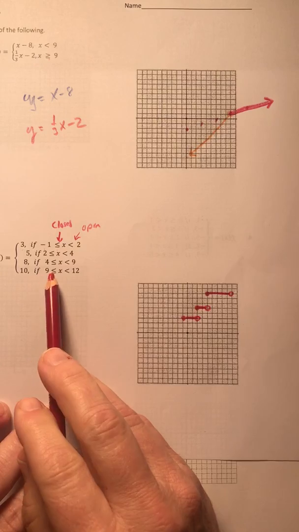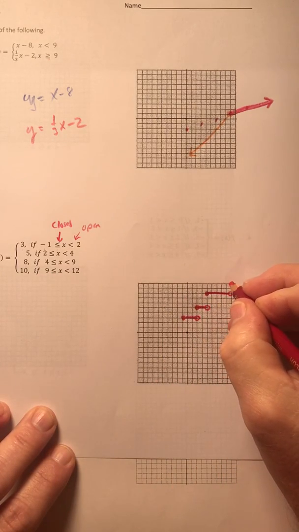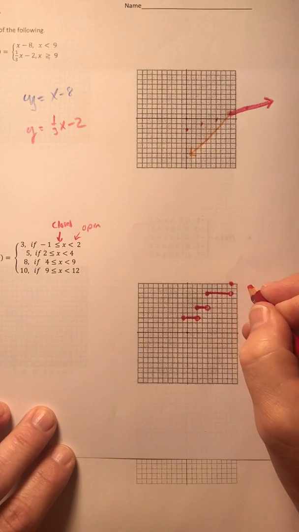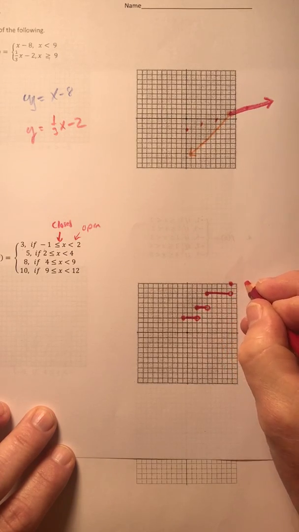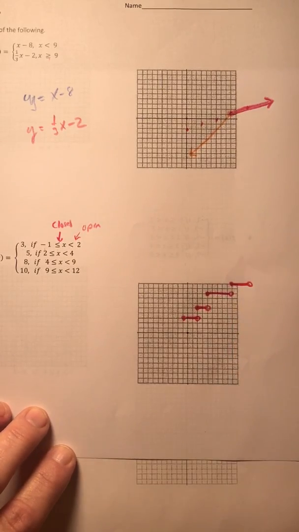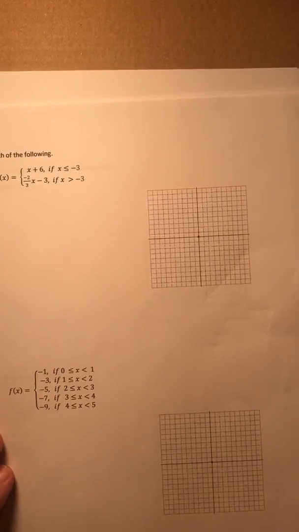And then we got 9, 10, which is a closed circle, and then 12, 10, which goes off the graph, open circle. Alright, so that's what it looks like. Alright, that's 1 and 2.